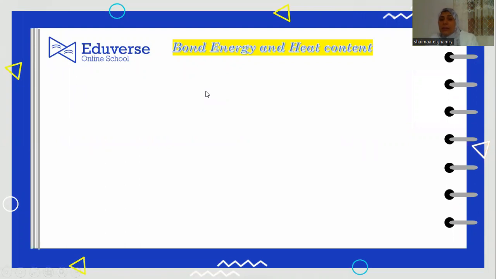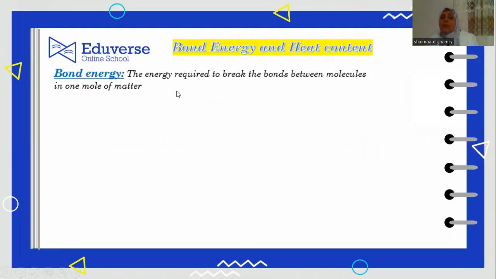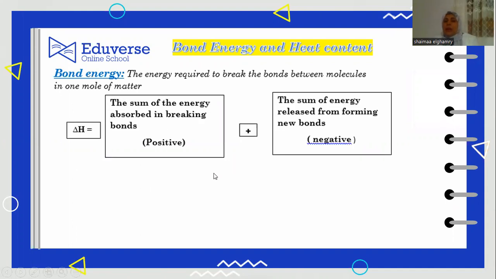Bond energy and heat content. The bond energy is the energy required to break the bonds between molecules in 1 mole of matter. How to calculate delta H by using bond energies? The sum of energy absorbed in breaking bonds with positive sign, plus the sum of energy released from new bonds with negative sign.